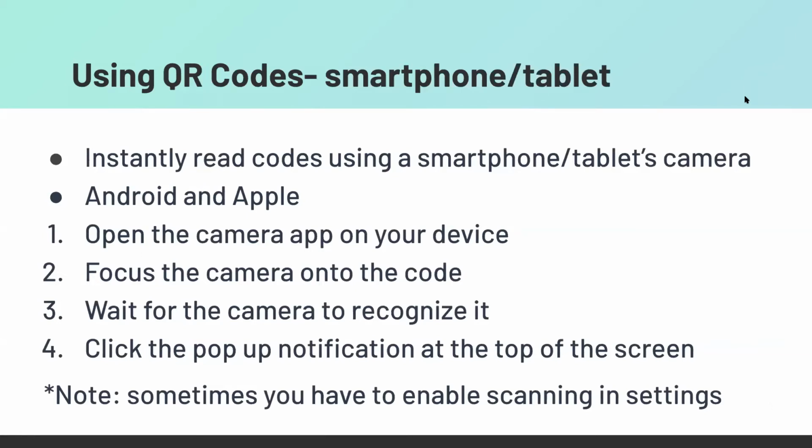Then you may have to wait for a few moments for the camera to recognize it. And if it's not focusing, you can just tap the screen so that it focuses in. And then you click the pop-up notification at the top of the screen that will come up after it has recognized the QR code and found what information it leads to. A note about that is that sometimes you do have to enable scanning in your settings because not all devices automatically scan QR codes, but most do.